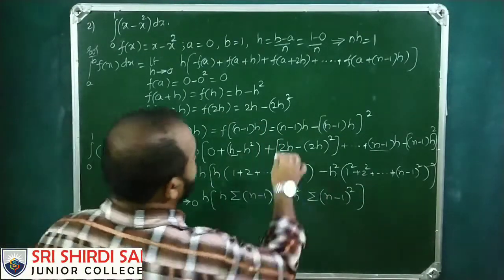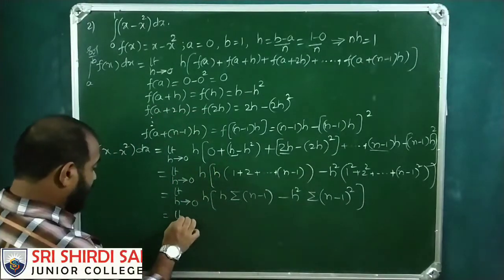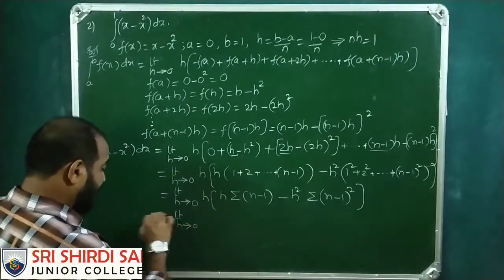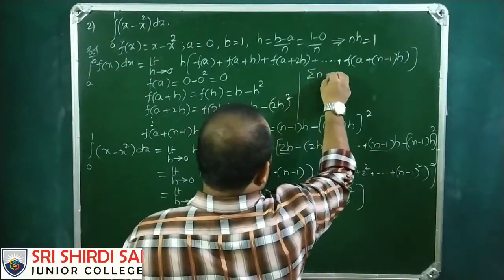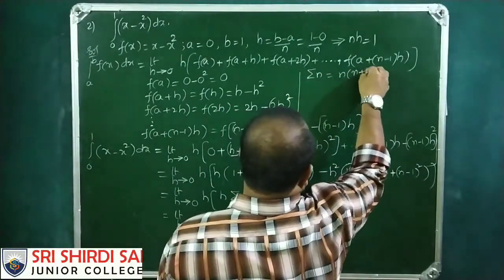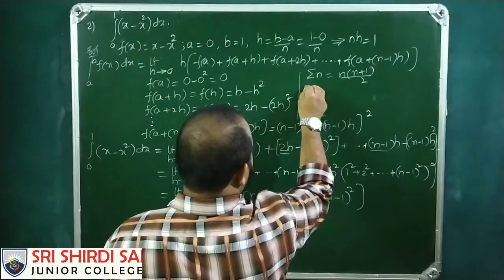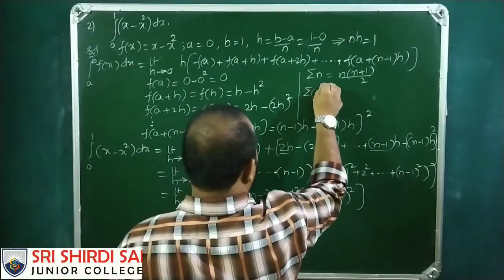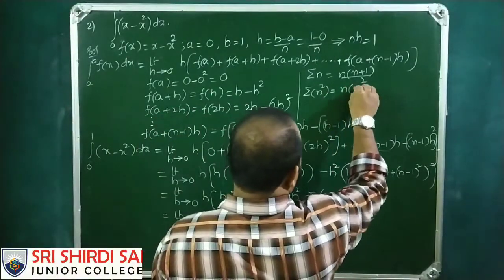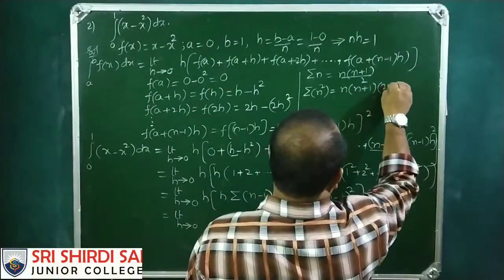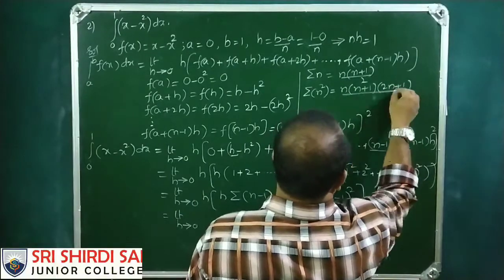We already know sigma n equals n into (n plus 1) by 2. Likewise sigma n square, the sum of squares of n terms, is n into (n plus 1) into (2n plus 1) by 6.